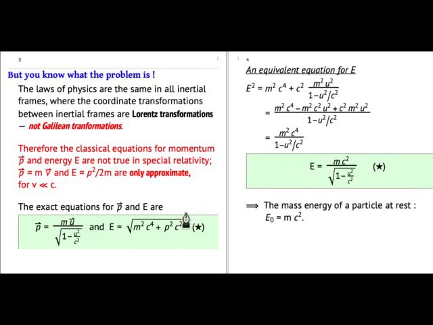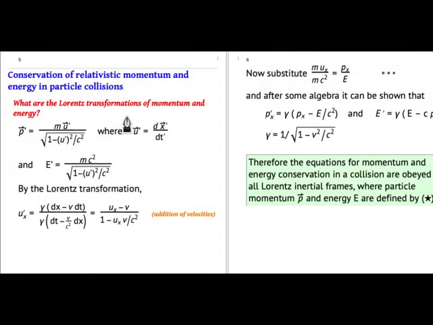And that will be true if these are the equations for energy and momentum. So let's see how that works. We want to have conservation of relativistic momentum and energy, and let's say in a particle collision. And we want it to be true in every frame of reference, in every inertial frame.